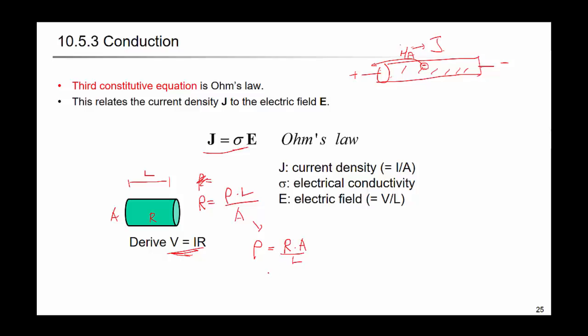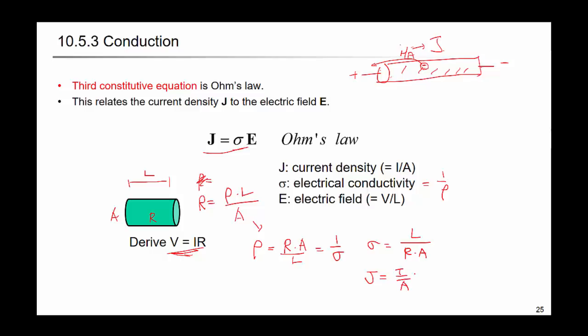Okay? And this is the same as 1 over sigma, the electric conductivity, by definition. So the sigma is L over RA. And J is what?